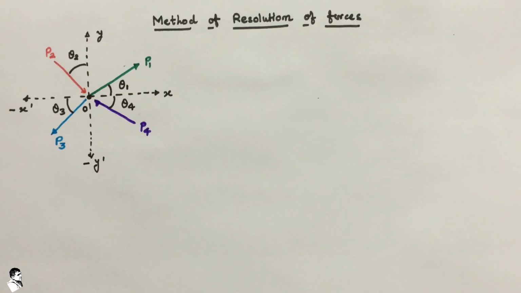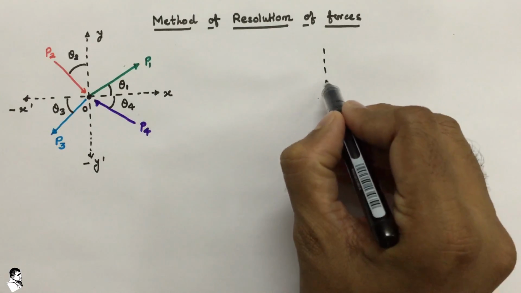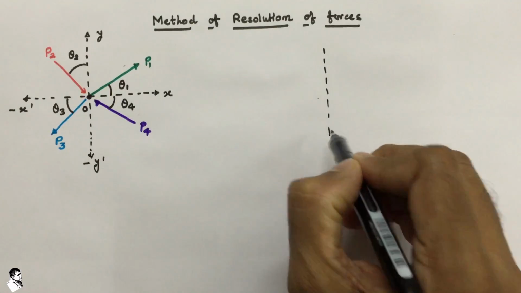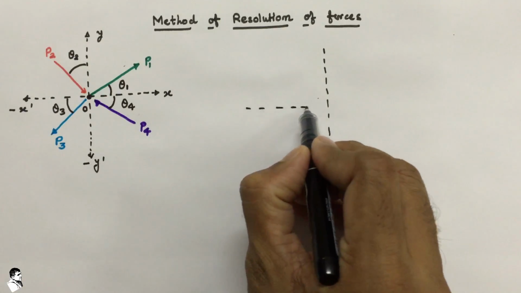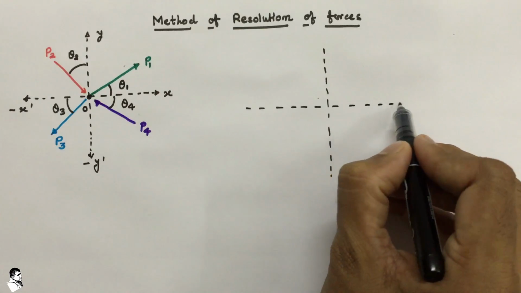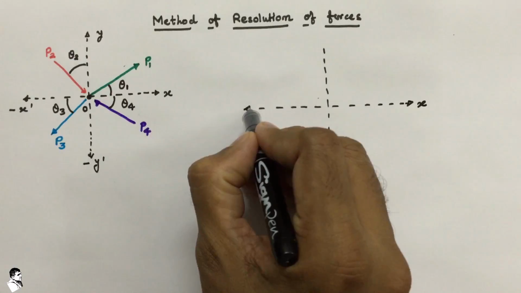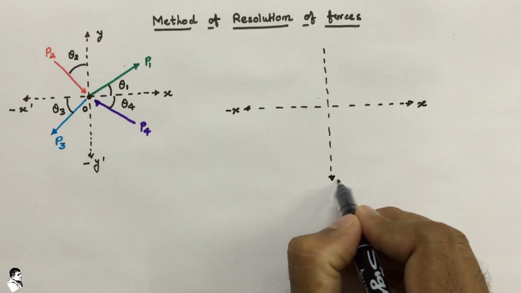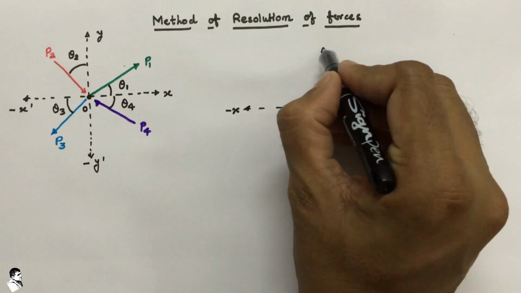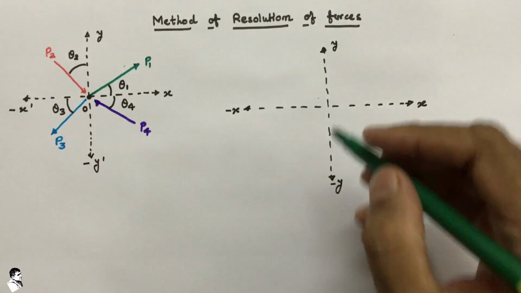So for the resolution of the forces, we redraw that figure on a bigger scale. Here we have the X axis, here minus X, this is minus Y, and this is the Y axis. Again I draw the different forces from the previous figure.